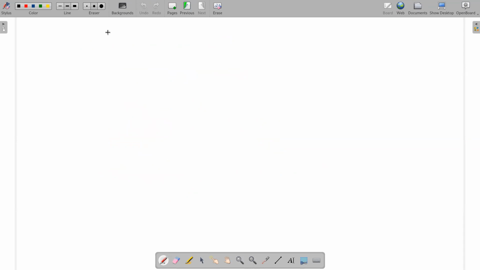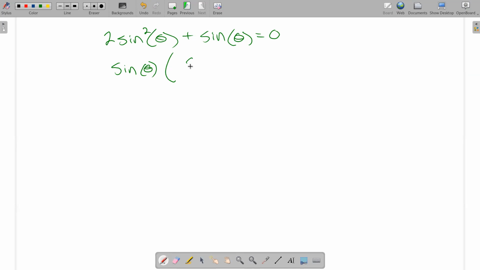If I start with twice sine squared of theta plus sine of theta equals 0, I can factor this with the sine. I can pull out a sine of theta, and that's going to leave behind twice the sine of theta plus 1.